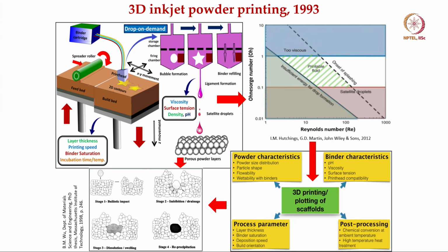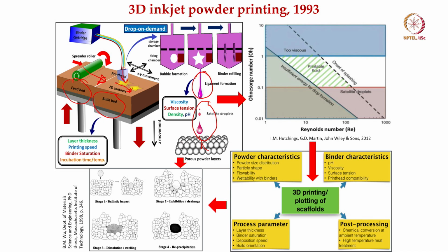You have a feed bed and you have a build bed. Each time, powder is moved from the feed bed to the build bed. The moment the powder is displaced here, the binder is deposited through this print head. These binder droplets, as you can see, traverse through the powder bed, penetrate into it, and then interact.